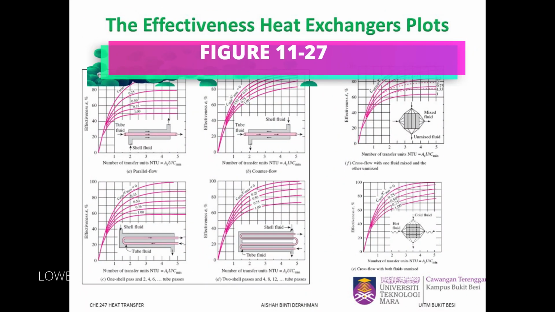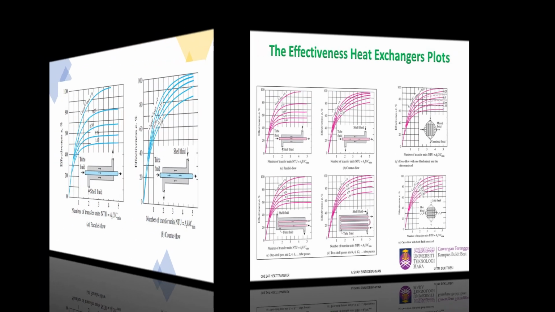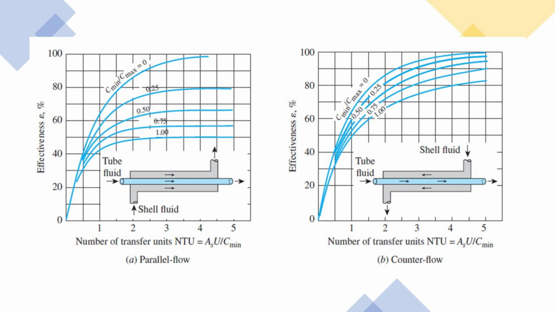The second method that can be used to calculate the effectiveness or NTU is using these effectiveness heat exchanger plots, or you can find it in your textbook, figure 1127. There are 6 graphs in this figure, whereby figure A is for the parallel flow, figure B is for the counter flow.